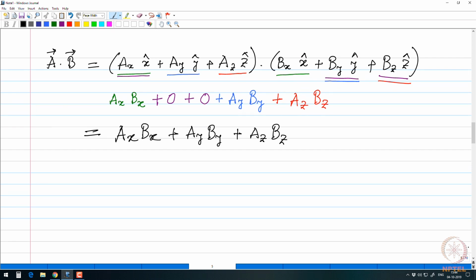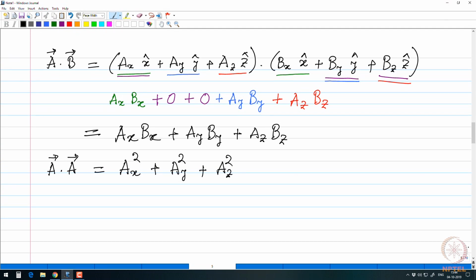Now, if we take a dot product of vector A with itself, A dot A, what do we get as a result? Looking at the example earlier, we can write that it would become Ax squared plus Ay squared plus Az squared.